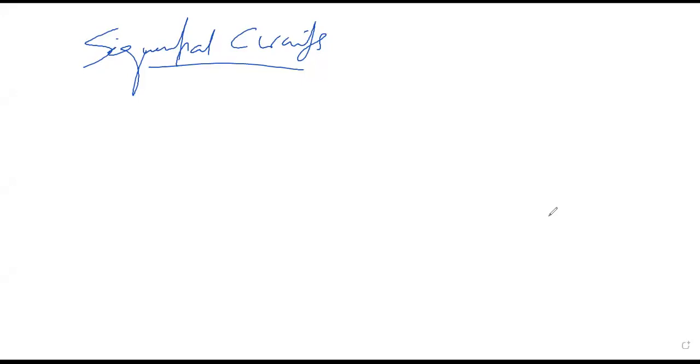Another session. Today we deal with sequential circuits. I think this is the last topic. I'll probably just briefly go through the last two major topics of your course outline.